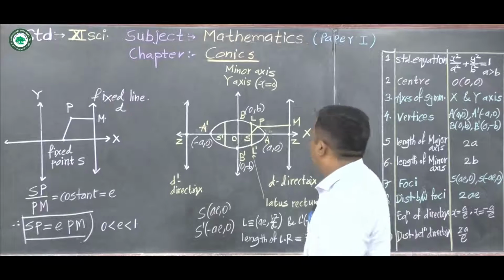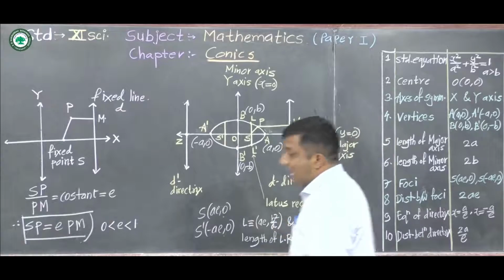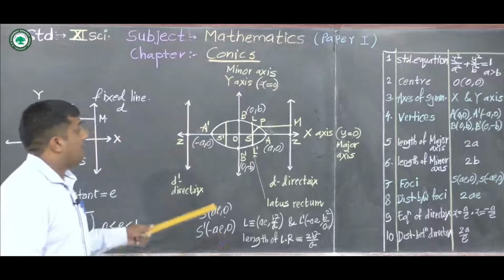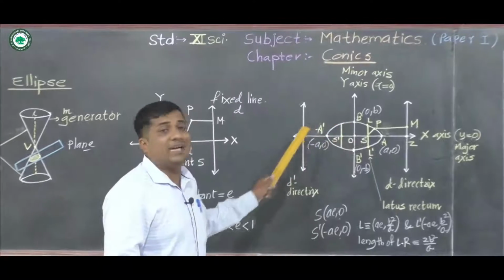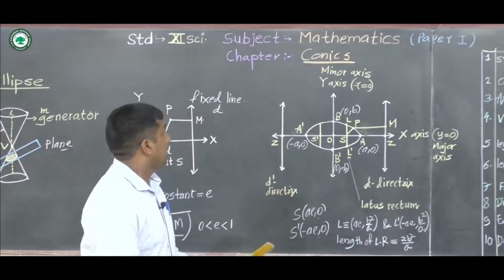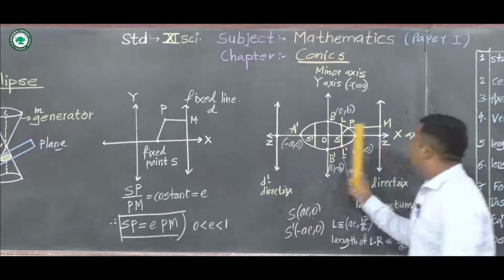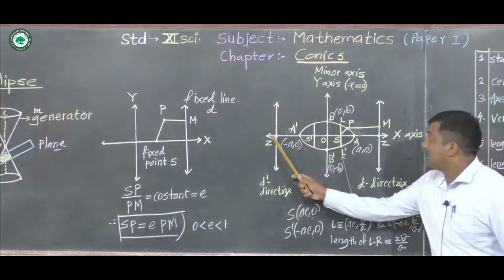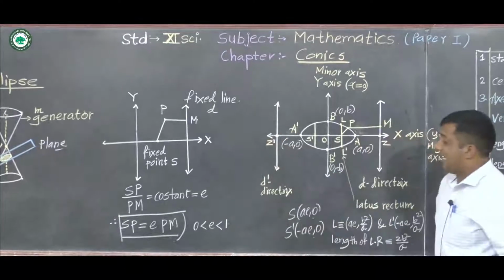Also, the length in between the directrix, that is the distance in between the directrix, here is 2a upon e, that is z z dash.